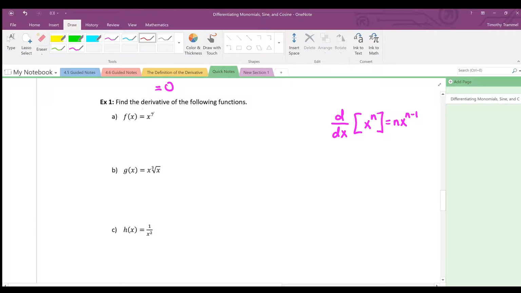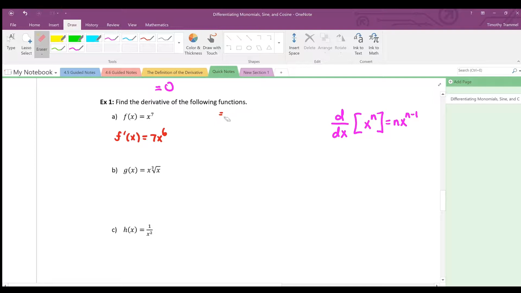So if we do that here in this question, n would be 7, right? So f prime of x is, I'm going to write 7 first, x, and then to the n minus 1. So if you take away 1, that's 6. And that's it.